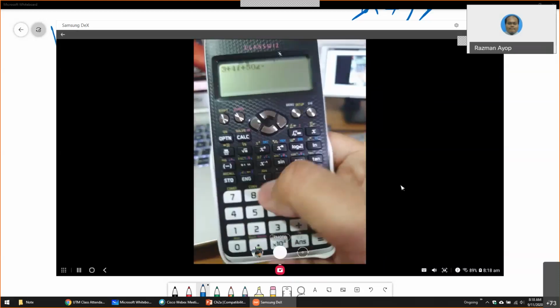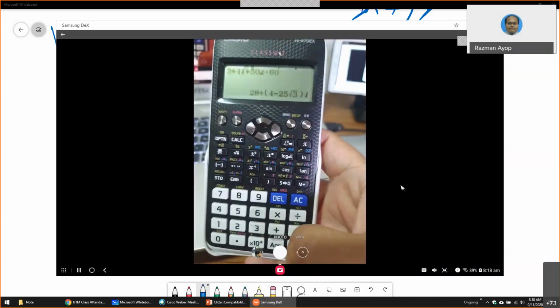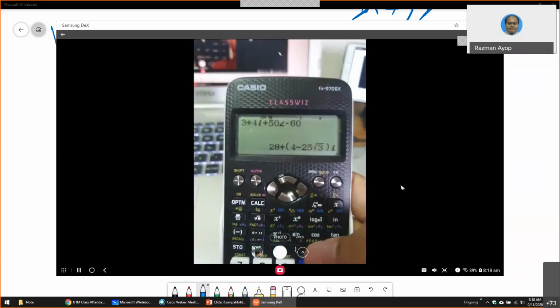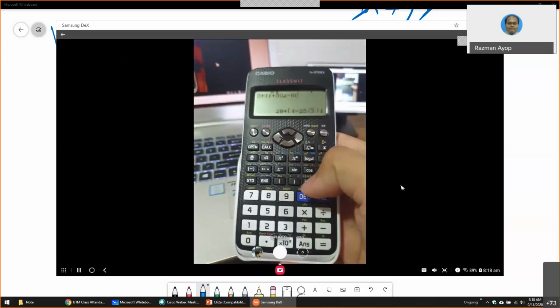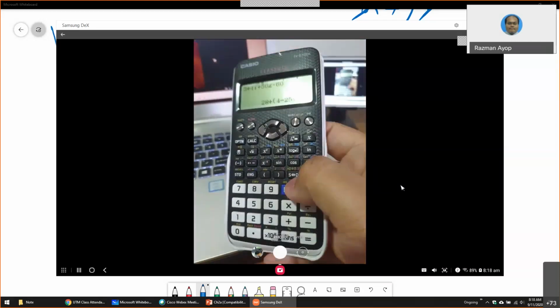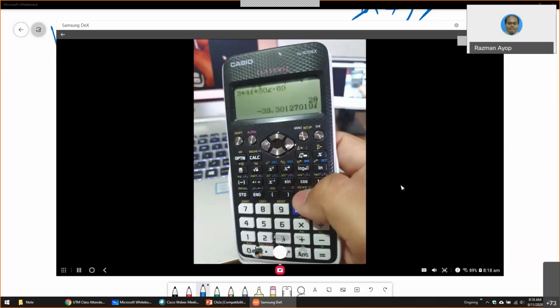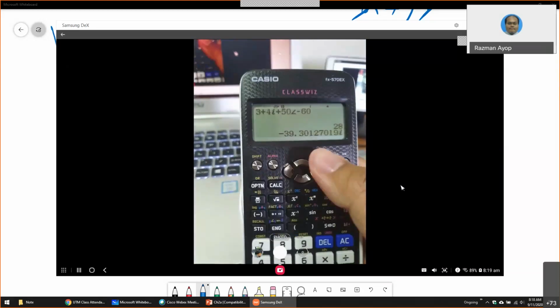You also get the same answer, in imaginary form in this mode. If you want to change it to decimal point form, just press this and you get the answer directly, 28 minus 39 point something.